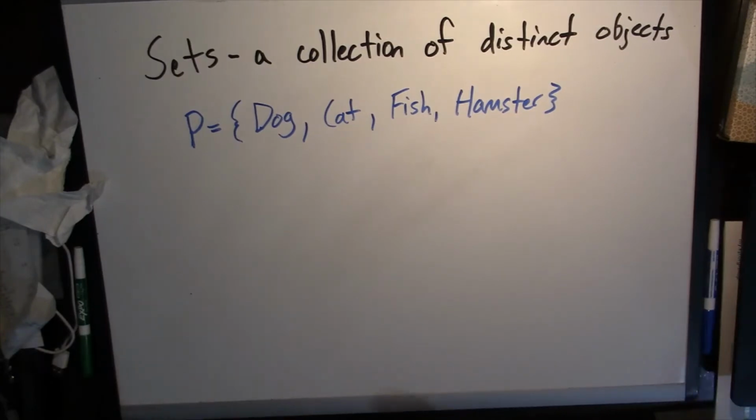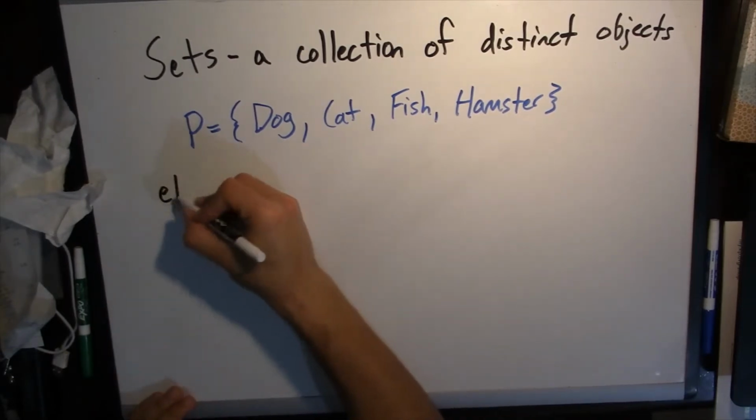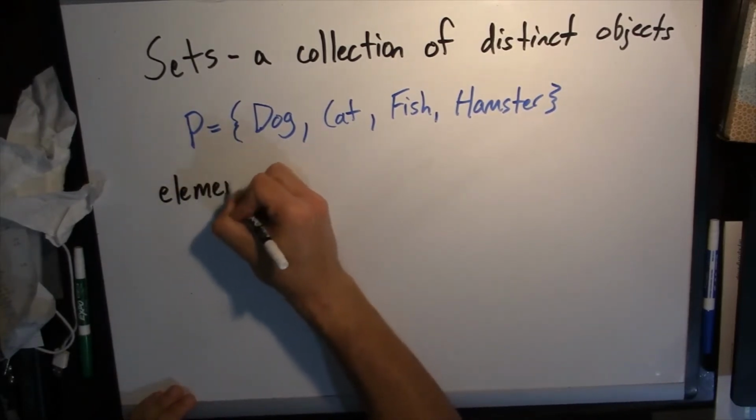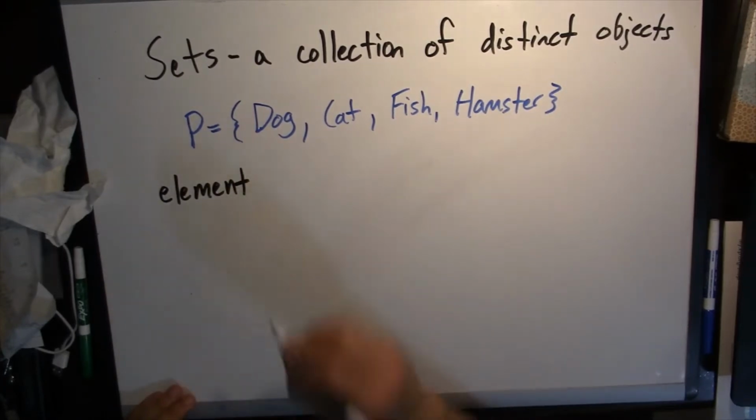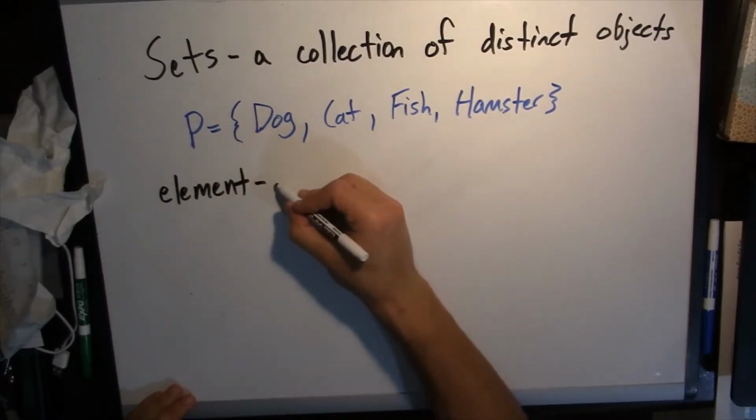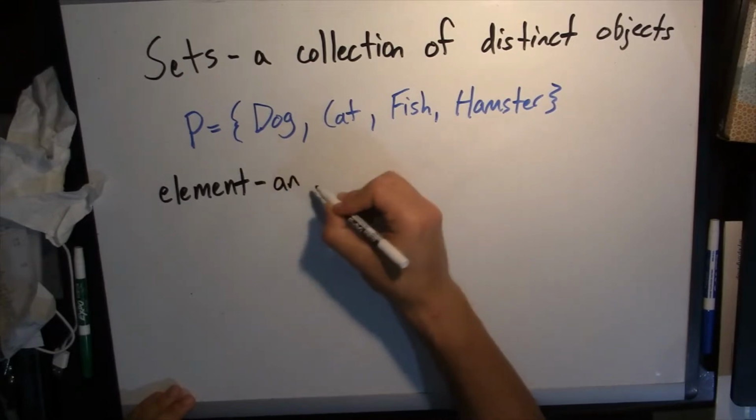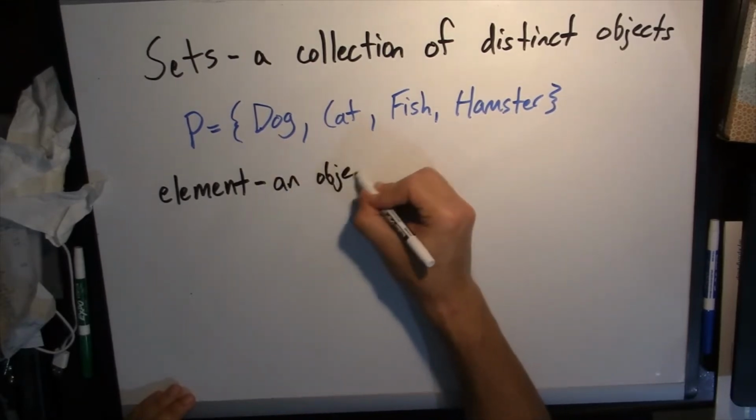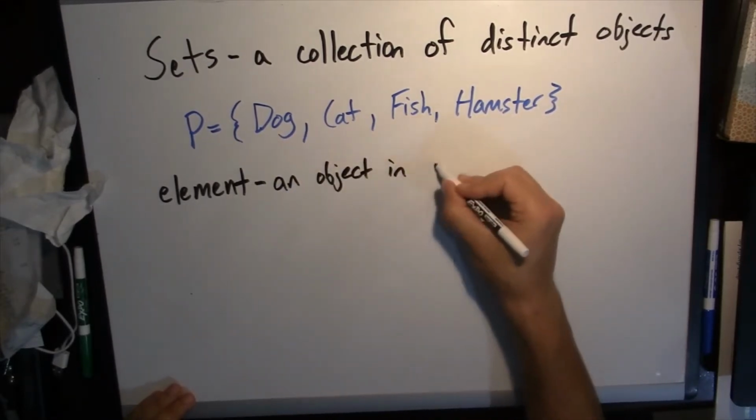Now, there's a special word that we use to talk about what is inside of a set. That word is called element. So an element is an object in a set.